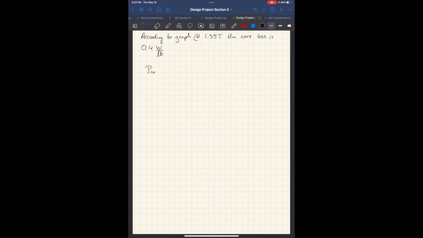Okay, so P core, we take the pounds, which is 445 point, very good, thank you, and multiply by 0.4 watts per pound. And we get 178.2 watts. All right, we're in the home stretch.